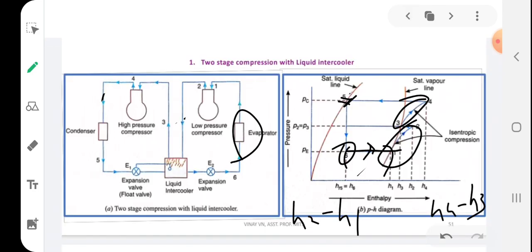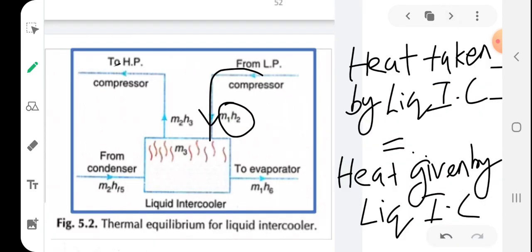The state of vapor entering the liquid intercooler is 2, so the enthalpy corresponding to state 2 is h2. Mass of this particular stream is m1. So m1 h2 is entering, and another stream also is entering here, the one from the condenser or expansion valve.